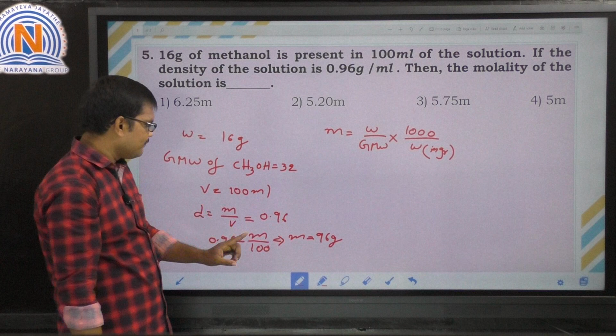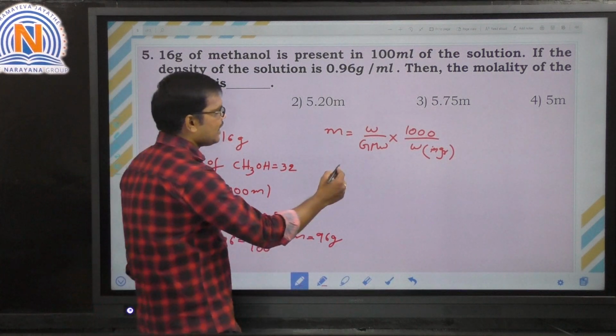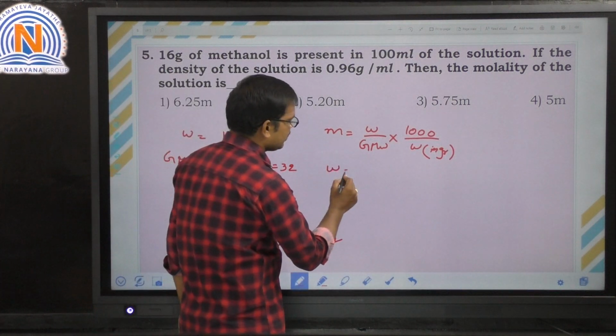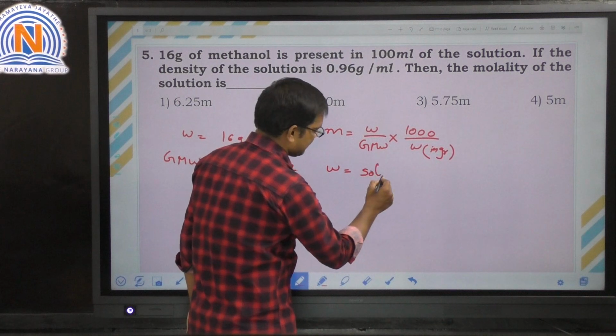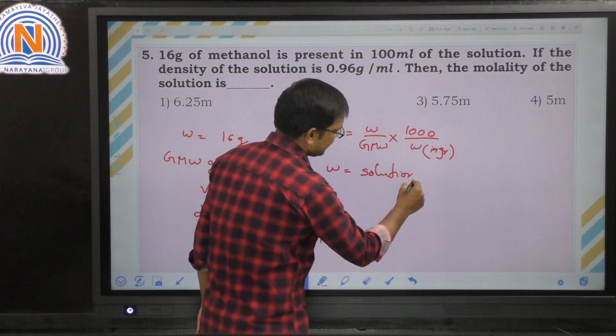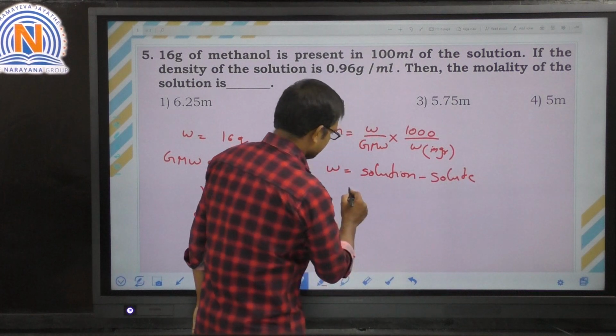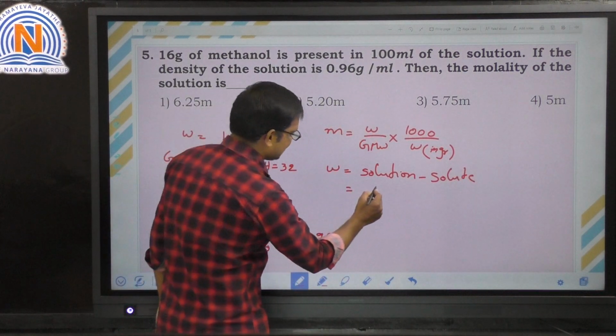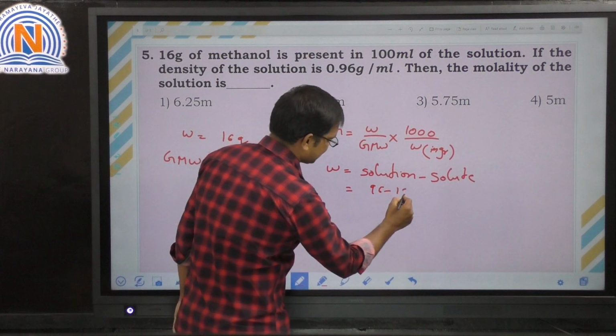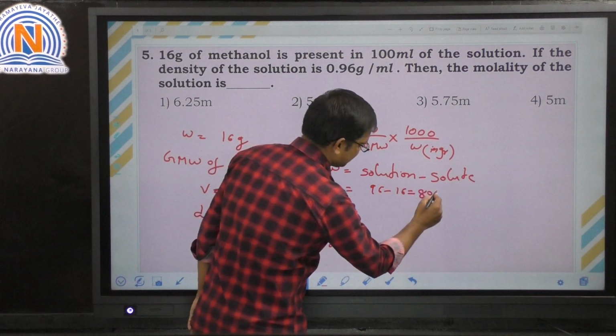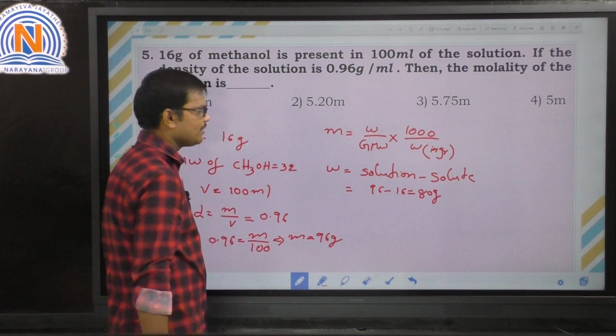But you know the weight of the solution. So weight of the solvent equal to weight of the solution minus solute. Solution is 96 minus 16, 80 grams. Weight of the solvent is 80 grams.